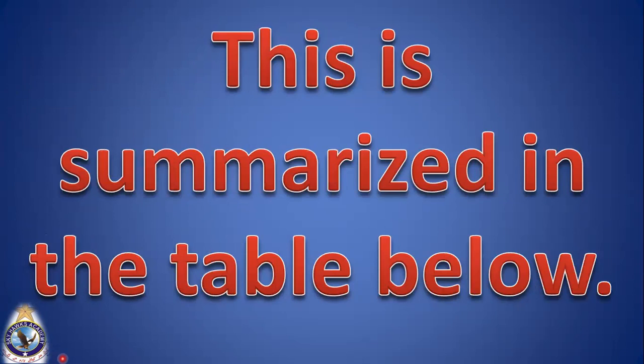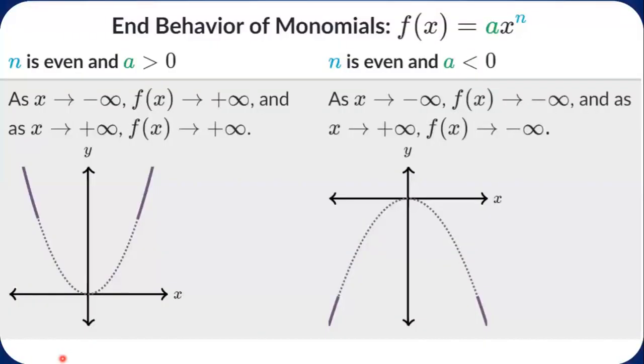So what is the behavior of n and the leading coefficient a? We are just making a small summary of this discussion. Look at this: end behavior of polynomial f(x) = a x^n. This is the leading coefficient a, this is the exponent n, and this is x.